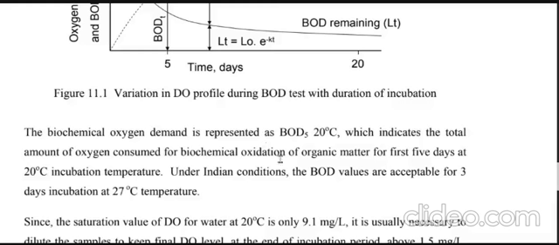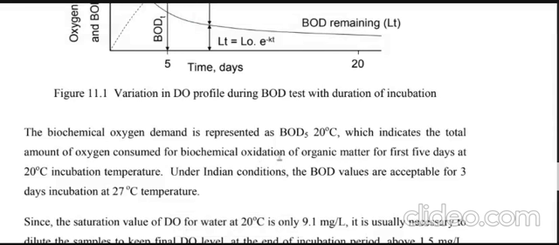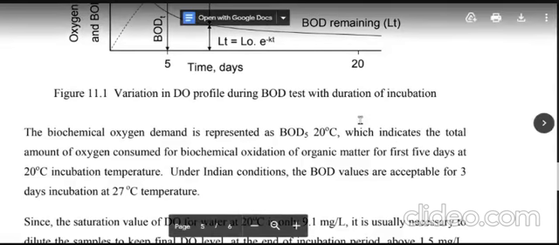So this is the meaning: the test is carried out for 5 days at 20 degrees Celsius, and this indicates the total amount of oxygen consumed for the biochemical oxidation of the organic matter for the 5 days.